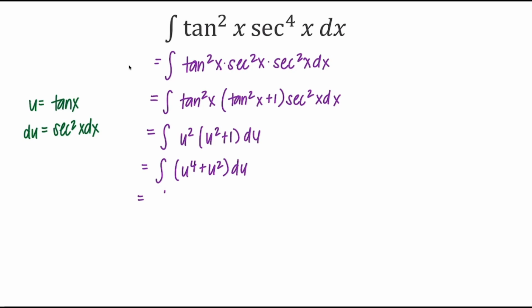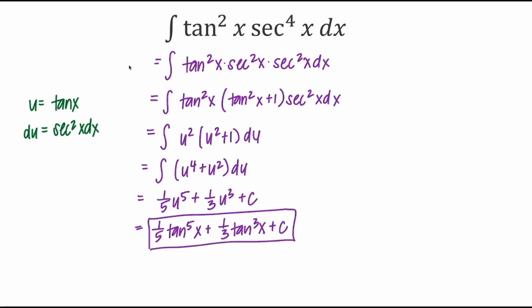Now the antiderivative is 1/5 u to the fifth plus 1/3 u cubed plus c. Then we plug tangent back in: 1/5 tangent to the fifth x plus 1/3 tangent cubed x plus c. So this is technically case 1, and the previous problem was technically a case 2 example.